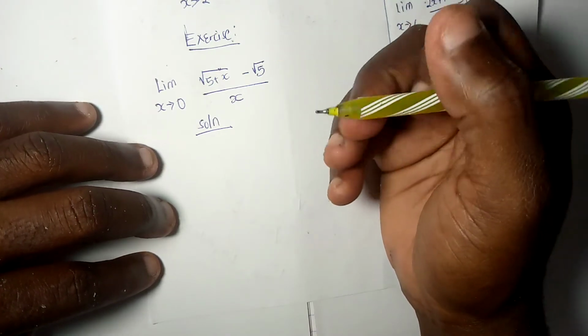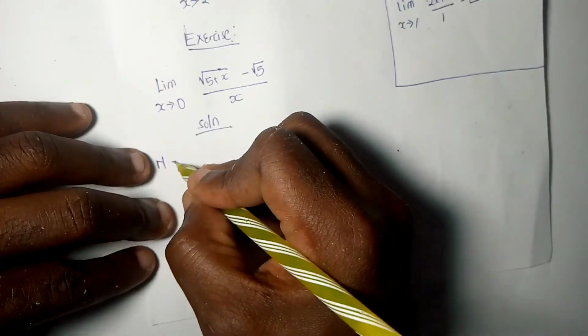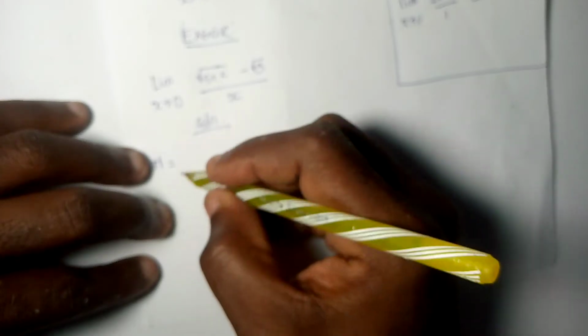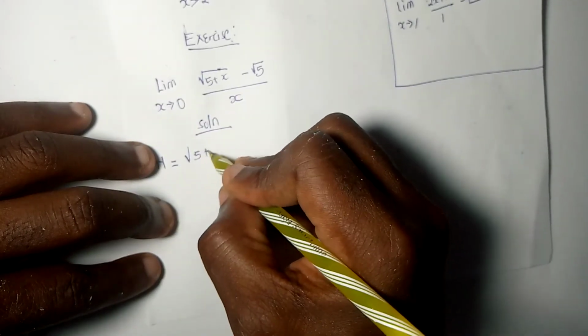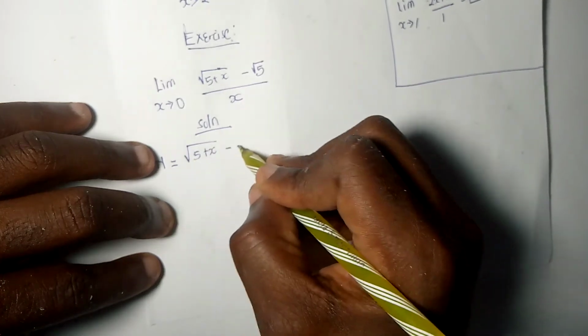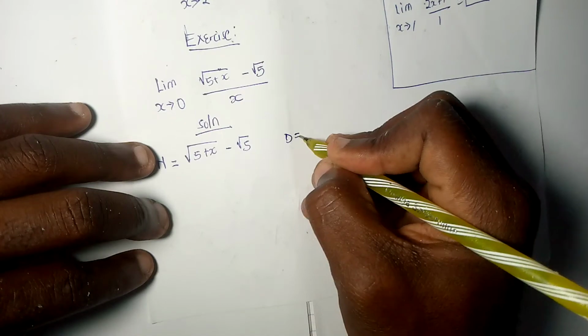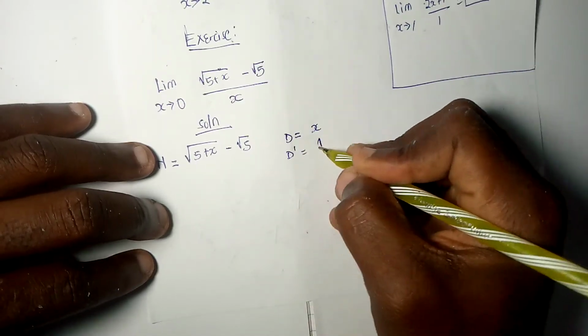According to L'Hopital's rule, we are supposed to get the derivative of the numerator and denominator independently. The numerator is the square root of 5 plus x minus root 5. The denominator is x, so d prime is going to be 1.